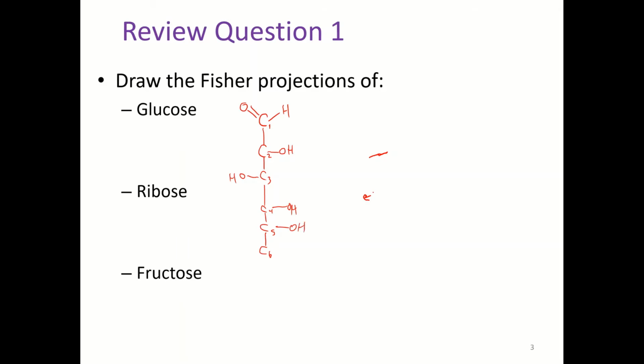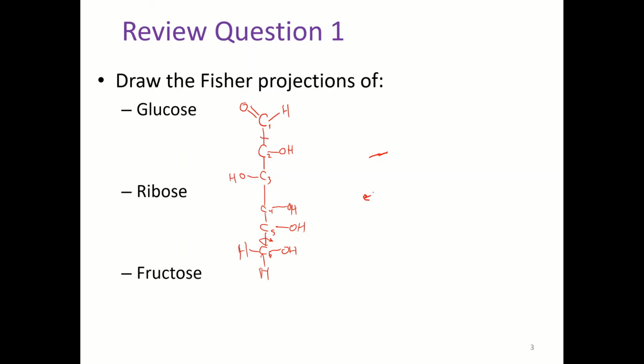At carbon 6, we can just draw this carbon 6 as CH2OH, or you can draw it out explicitly: hydrogen, hydrogen, and OH group. It doesn't matter what side you show the OH group there, because that bond can rotate, and all of those positions are equivalent.